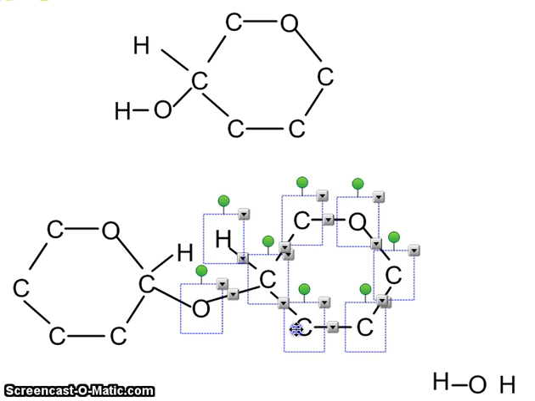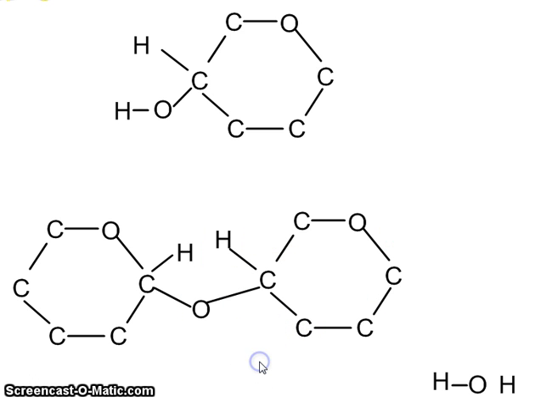We should be able to get it to bond. Okay, there we go. Alright, so now what we've done is we've made a more complex molecule. We consider that synthesis. And we also took water out, which we call dehydration. So this whole process, which I just demonstrated, was an example of dehydration synthesis.